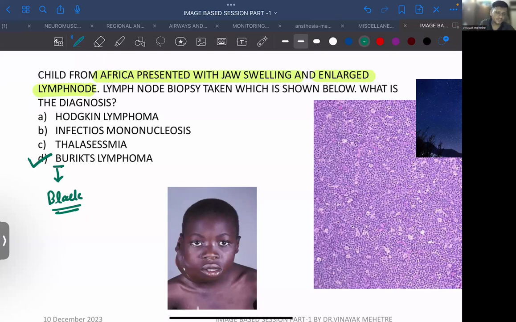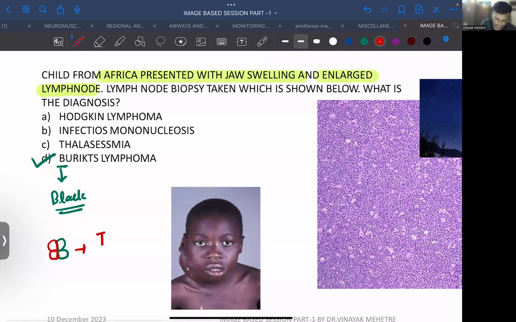Now they will ask you translocation. बर्किट लिम्फोमा। बी है, add one more B in this. Now draw. It looks like an 8.